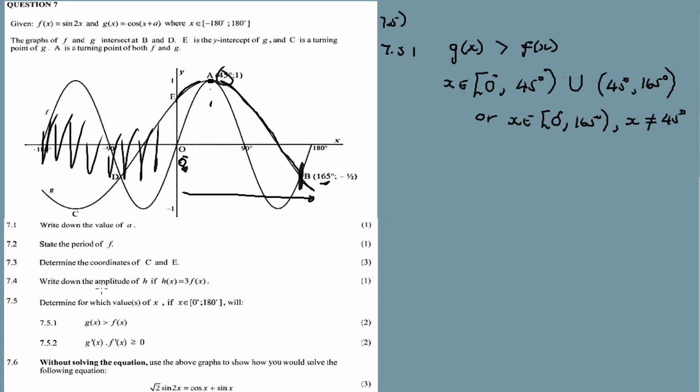So we check this one also. They are only looking for the values of x that make these functions behave this way. 7.5.2, we want g prime of x multiplied by f prime of x greater than or equal to 0.